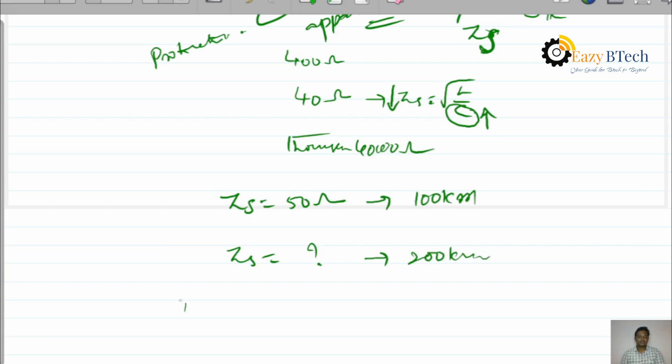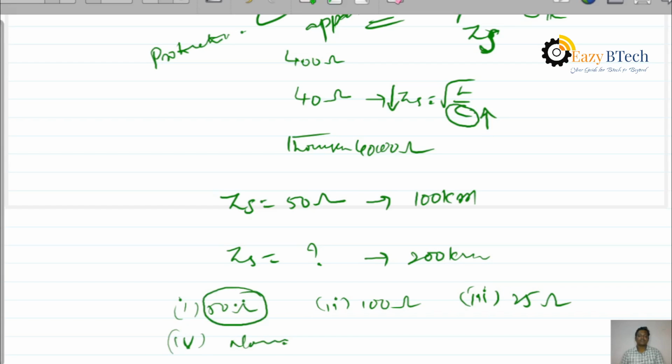They give the options: first is 50 ohm, second is 100 ohm, third is 25 ohm, fourth is none of the above. The answer is 50 ohm, because there is no change in surge impedance, because it is not depending upon length.